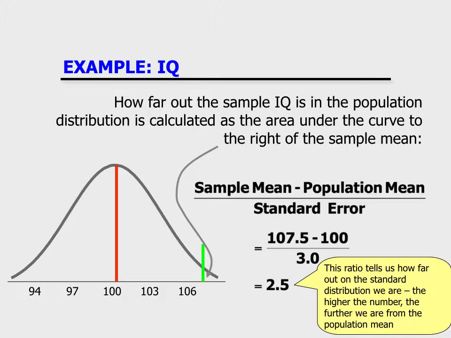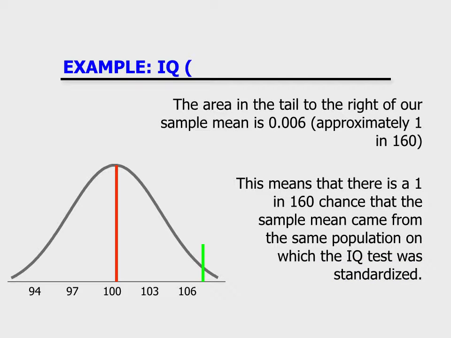So, if we look at the area to the right of that green line, and this is using a table, but there are ways to calculate it, in this case we're using a table.